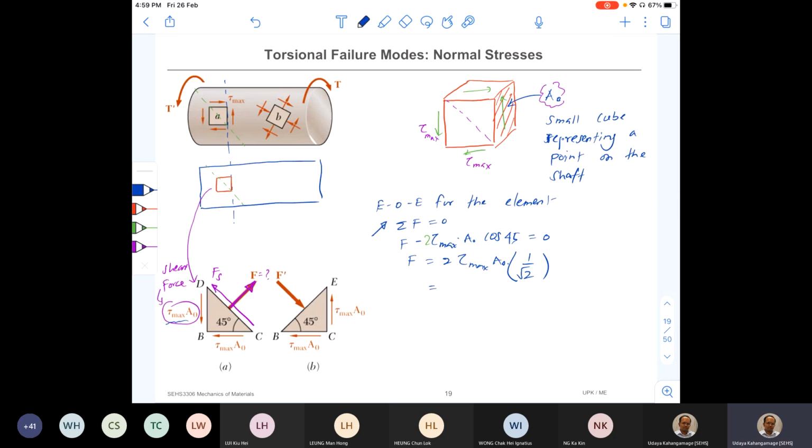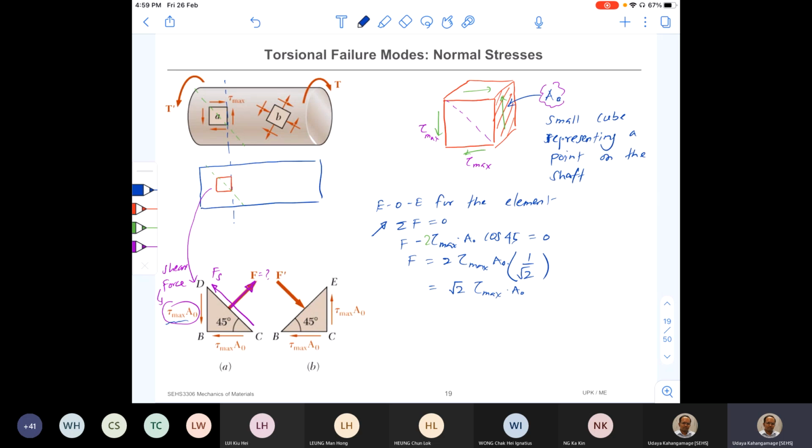Square root 2 cancels out, and then it becomes square root 2 times tau max times A0. So that means there's a normal force on a 45-degree angle plane, and it has a positive value. That means there's a normal force. How about the shear force Fs?